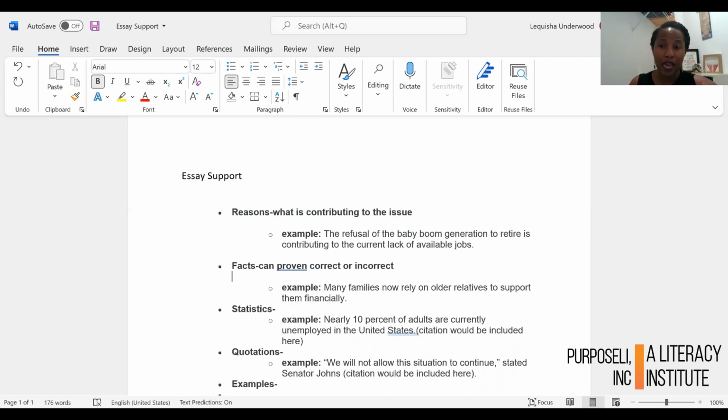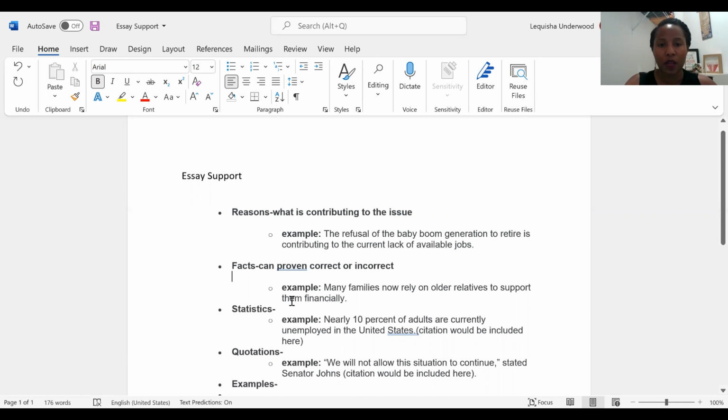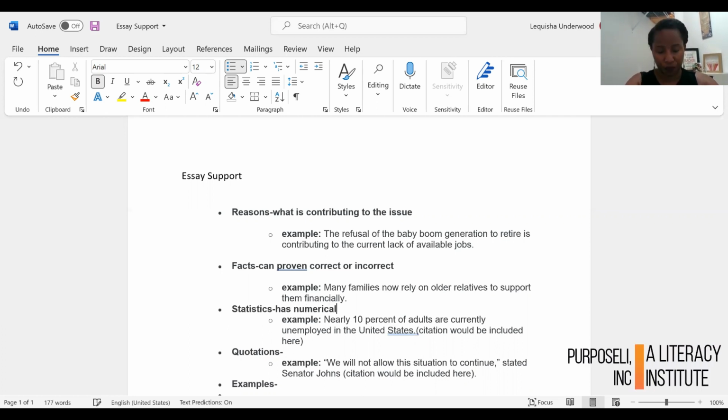Our next type of support that we can plan for when we are writing is statistics. Now, this one, most of us are pretty clear on. It has some sort of numerical values involved.